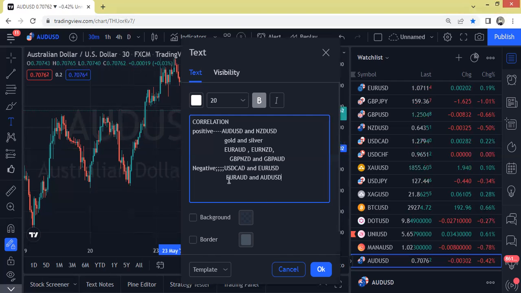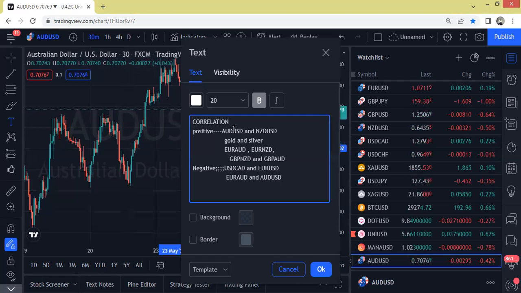Because sometimes they can move in the same direction when there is some crazy market movement. But on a normal market condition, they move opposite. So basically, the positive pairs and the negative pairs flow opposite.